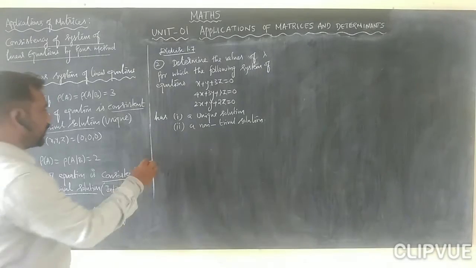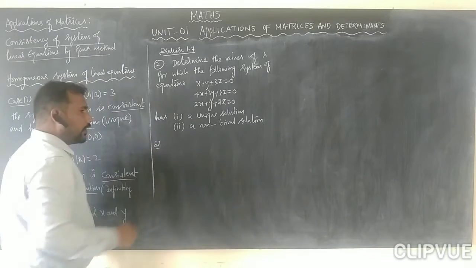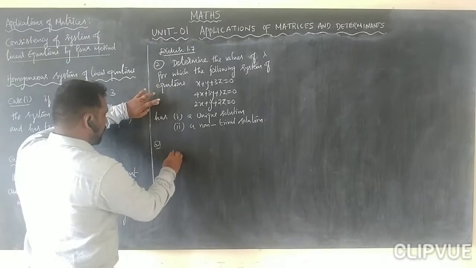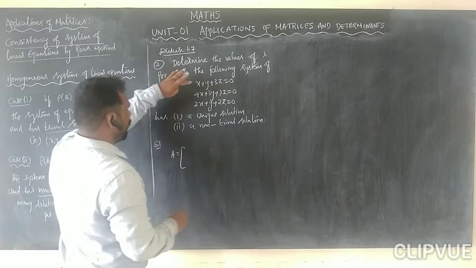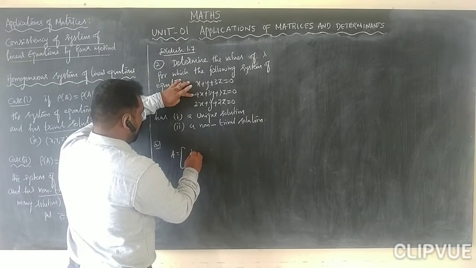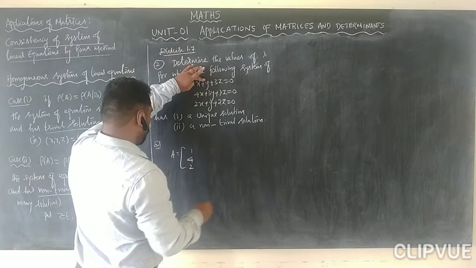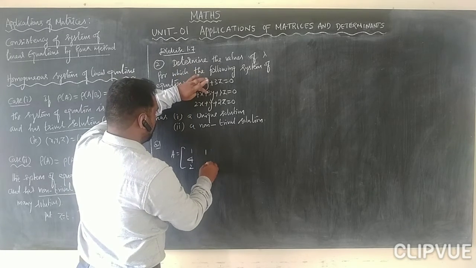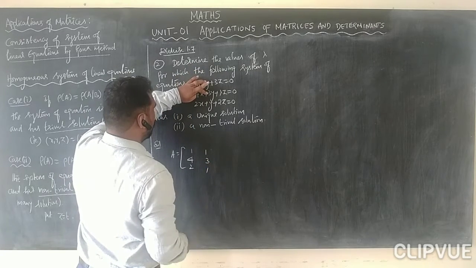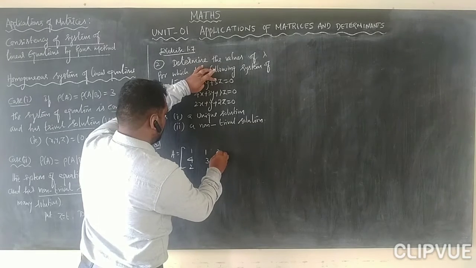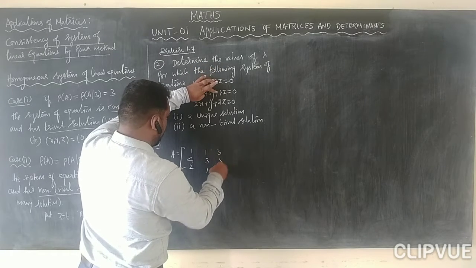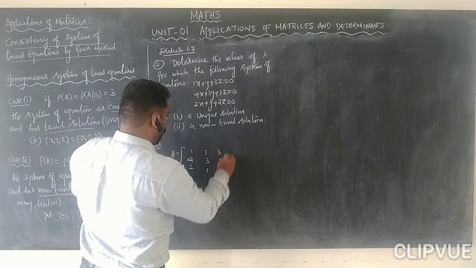Okay. Solution of this question. First, the augmented matrix. A matrix: coefficient of x is 1, 4, 2. Next, coefficient of y is 1, 3, 1. Coefficient of z is 3, λ, 2.